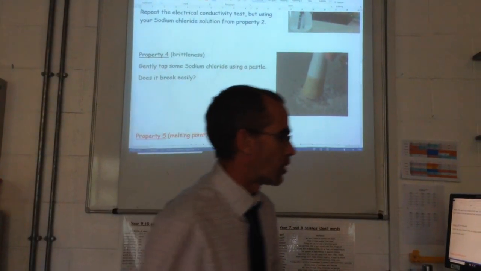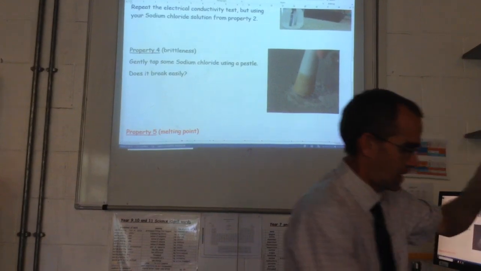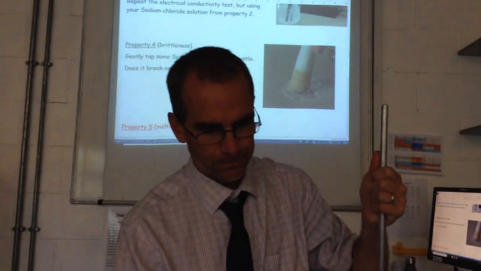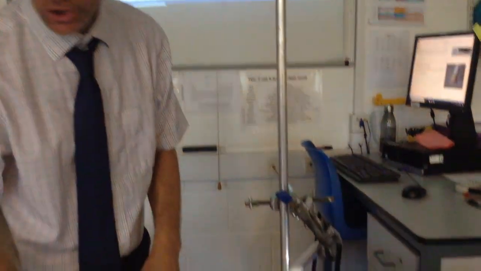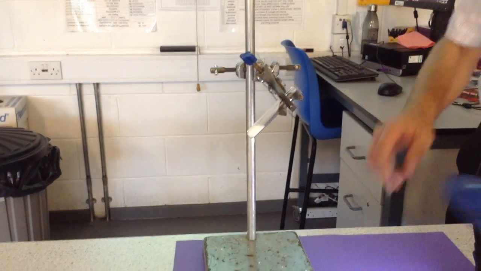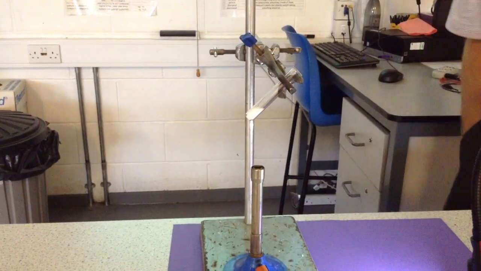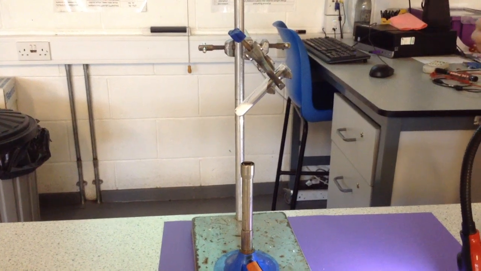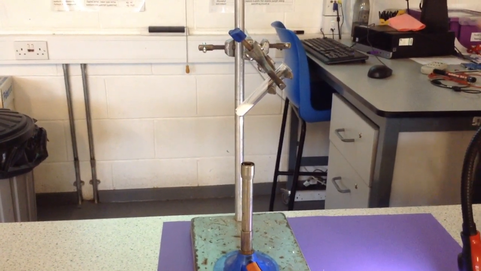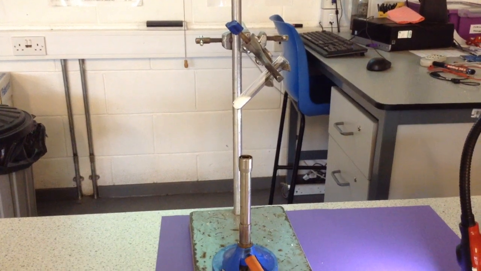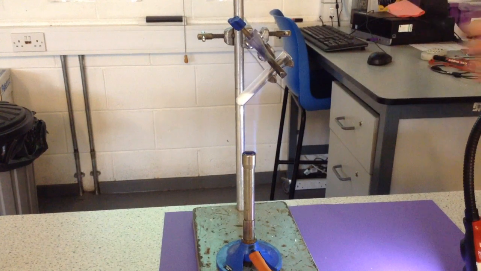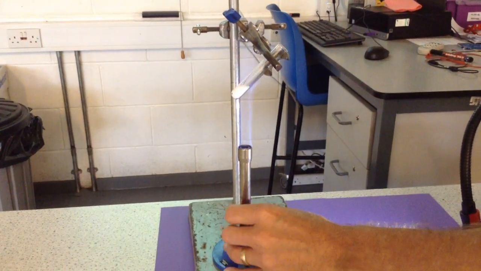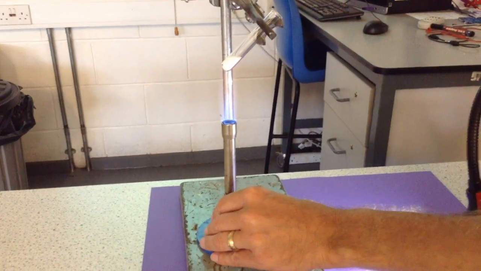And so the final physical property that I'm going to show you is the melting point. We've already put some sodium chloride here into an ignition tube, and we're going to see how easily we can get this to melt. Turn this onto a roaring blue flame.